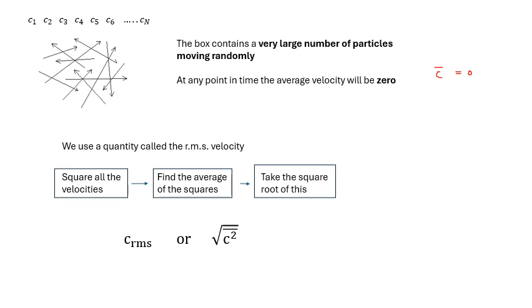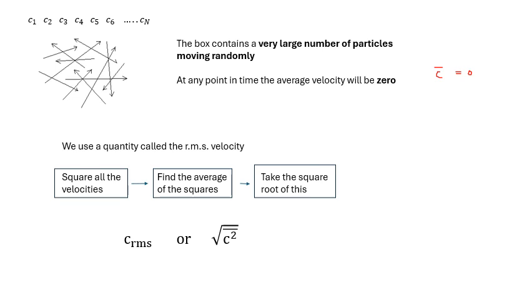What you do is you get all your velocities and you square them, and that gets rid of the negatives. Then you get the average value of these squares, and then you get the square root of that. So it's the root of the mean of the squares. And it's roughly equal to the average speed. So the average speed isn't 0, the average velocity is.